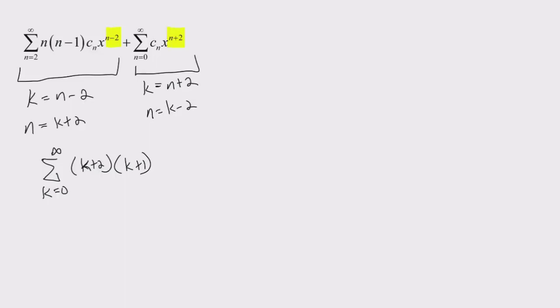And then this would be c to the k plus 2, and that would be x to the k. All right, and then plus summation. Here if I put n equals 0 in, I get k equals 2 to infinity. And then this is c to the k minus 2, x to the k.